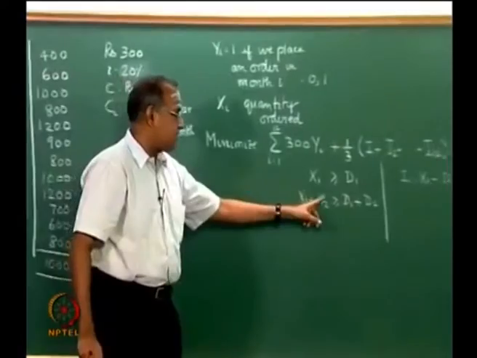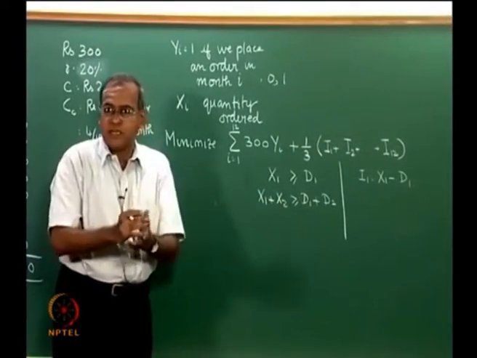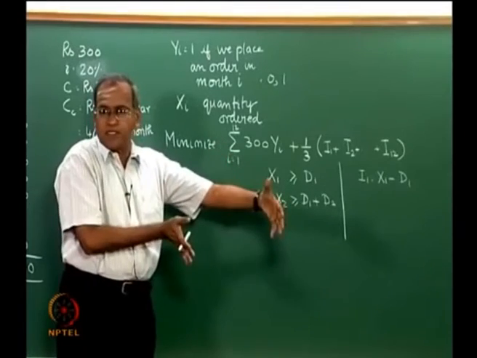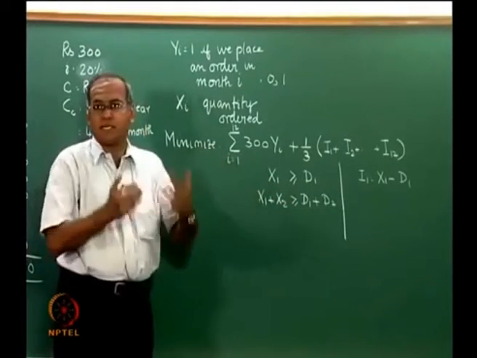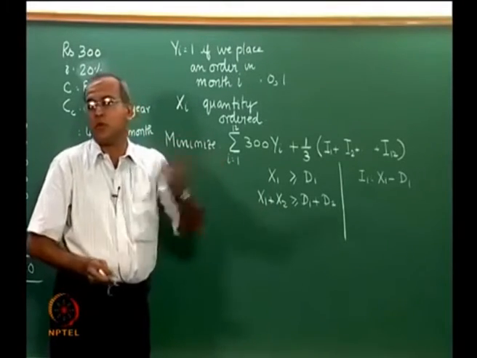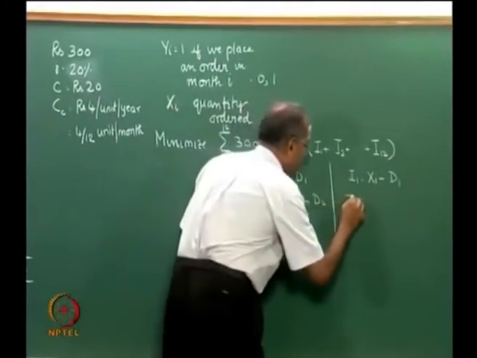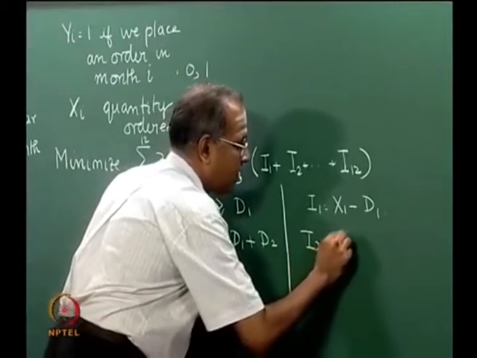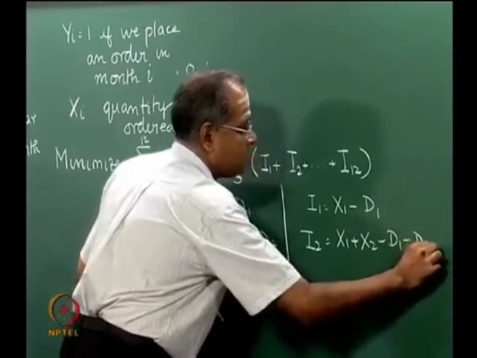So if I2 is the ending inventory at the end of period 2, then I2 is obviously the difference between x1 plus x2, which has been ordered in 2 months, and D1 plus D2, which has been consumed for 2 months. The difference is I2. So I2 will become x1 plus x2 minus D1 minus D2.